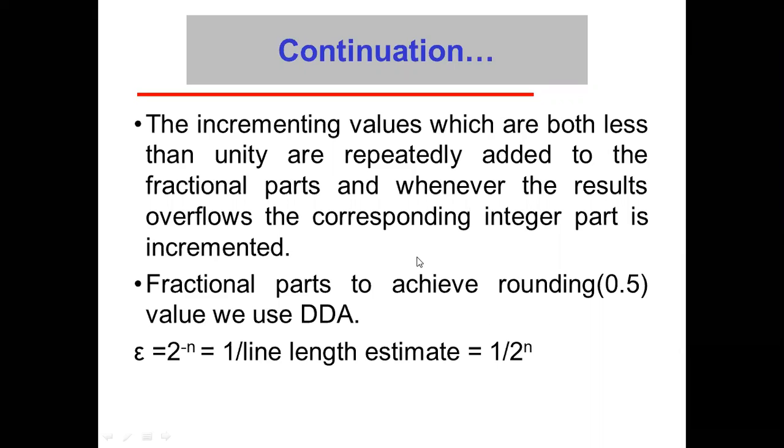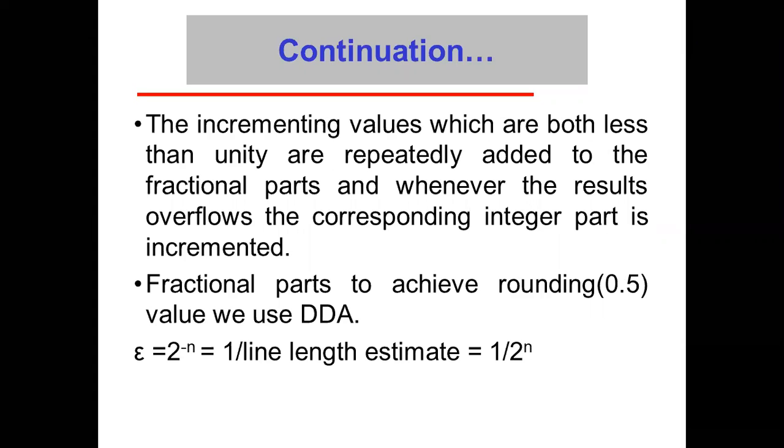But another thing in this method, whether we are using the symmetrical DDA or the simple DDA, is that first we initialize by adding 0.5. Here we use x is equal to x1 plus 0.5, whatever the initial point is.